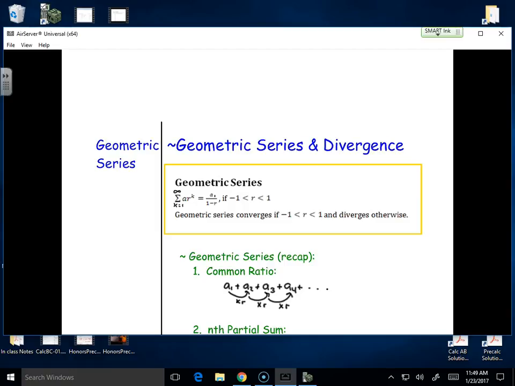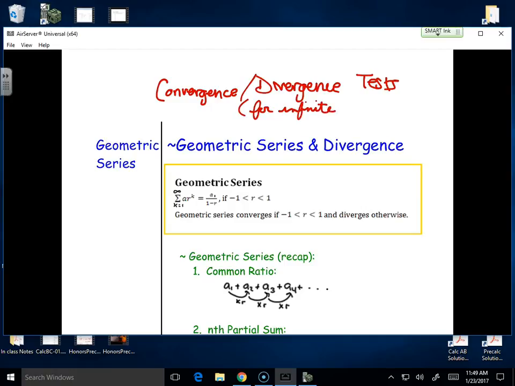We are technically just embarking on a Calculus 2 topic called the convergence, divergence tests for infinite series. This is just the beginning.